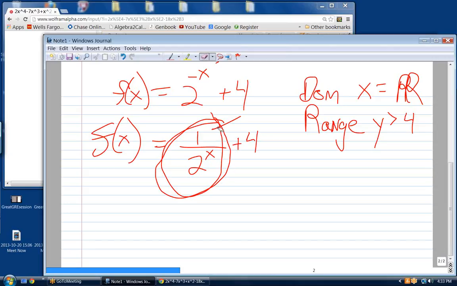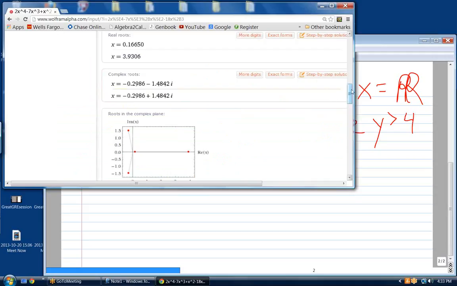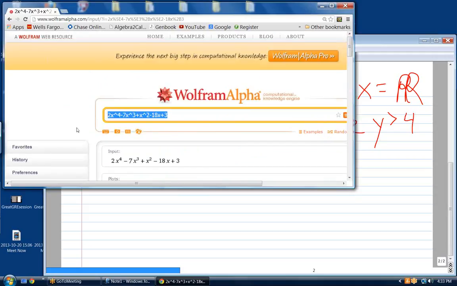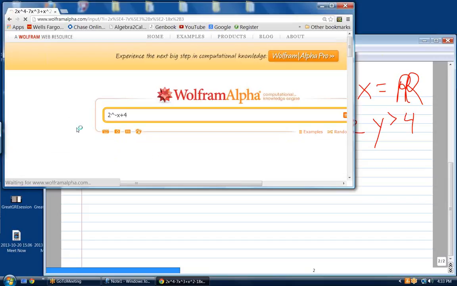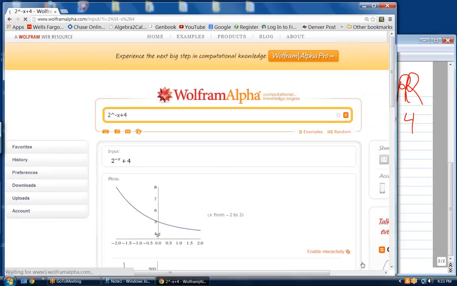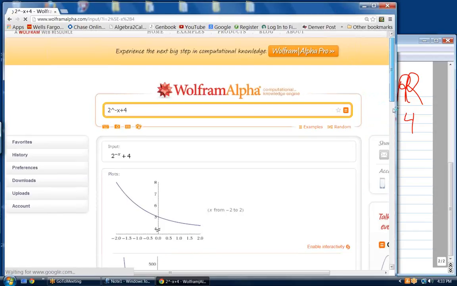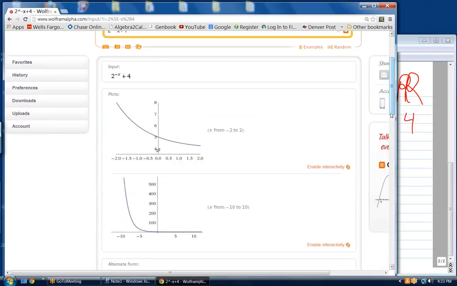So when you have problems like this, figuring out range is a little tricky. Let's graph that just so you can see. It is 2 raised to the minus x plus 4. Now, notice this graph never gets less than 4. It approaches it.